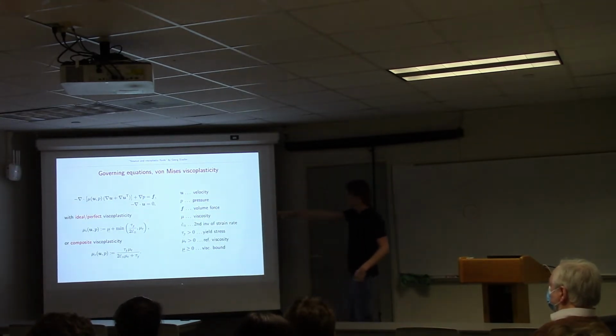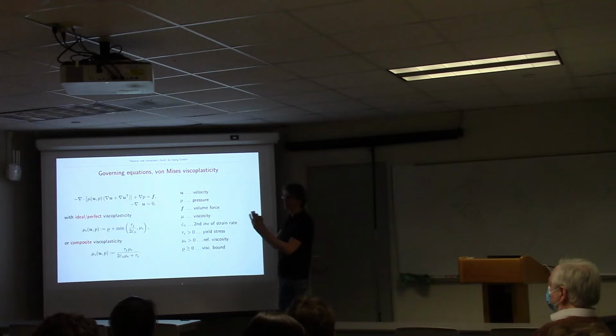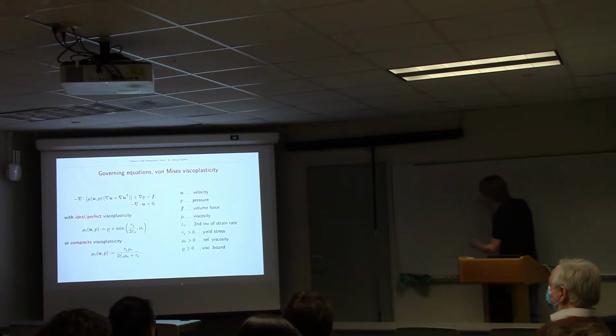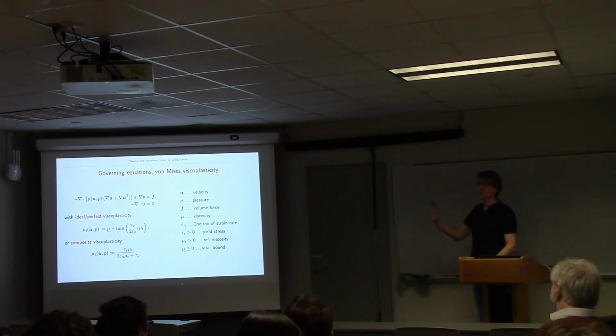These things happen at every point in space. By the way, the equation has to decide in which regime it is. Is it in the viscous or the plastic regime? And it turns out for these kinds of equations, when it's nonlinear and we solve this with Newton's method, the radius of contraction of Newton's method is very tiny. So solving this equation is extremely difficult because of that.